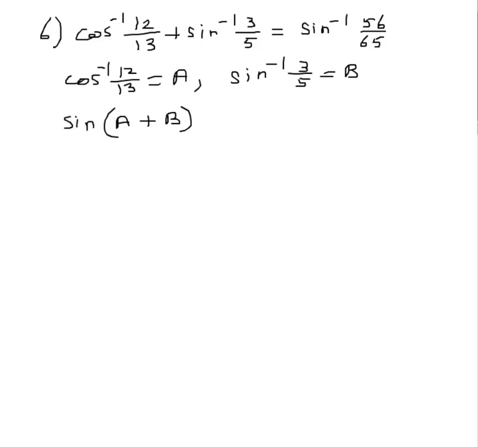We have sin inverse here, therefore we are finding sin of A plus B. Sin of A plus B formula is sin A cos B plus cos A sin B.